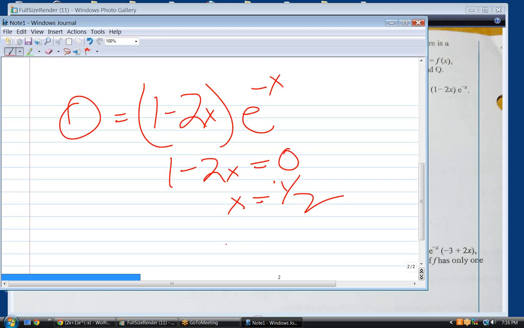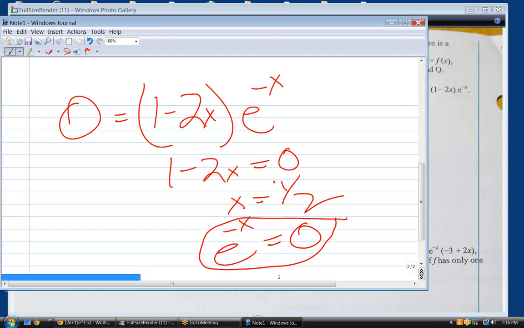What's the other solution? The other solution would be using logarithms to figure out e to the negative x. Let's talk about that for a moment. If we set e to the negative x equal to 0, is there any way you can take a positive number, which e is, take it to any exponent and make the result 0? No, there isn't.